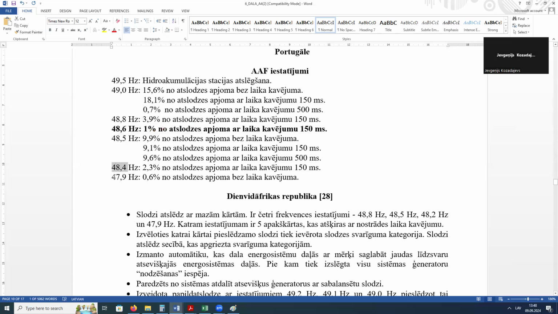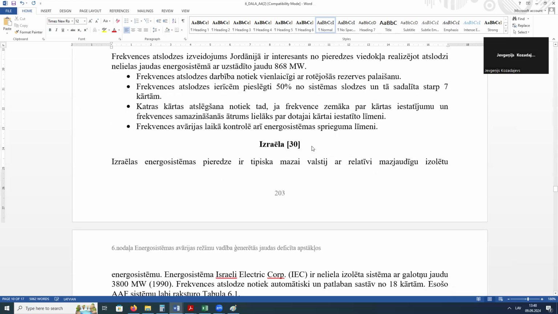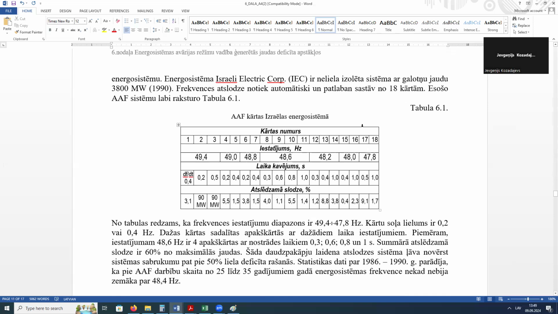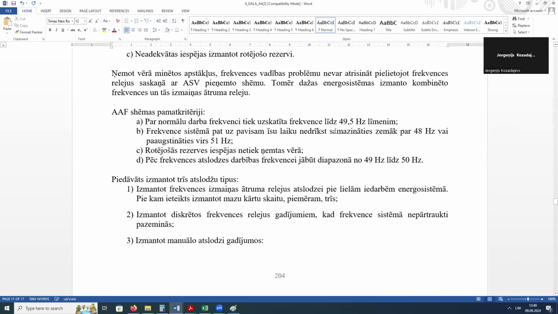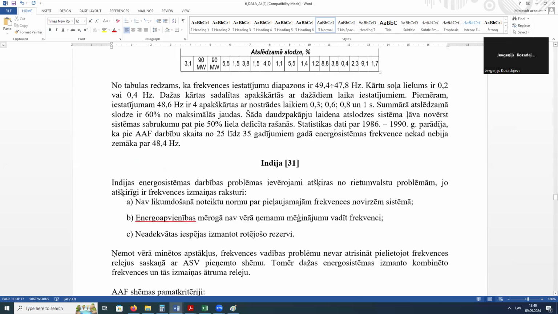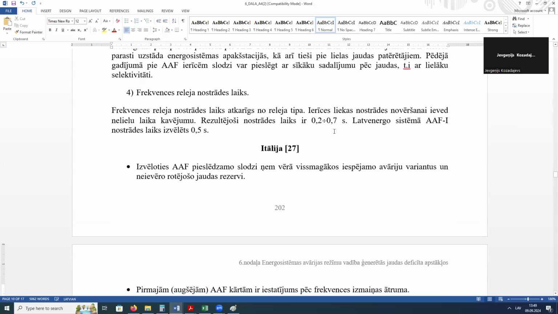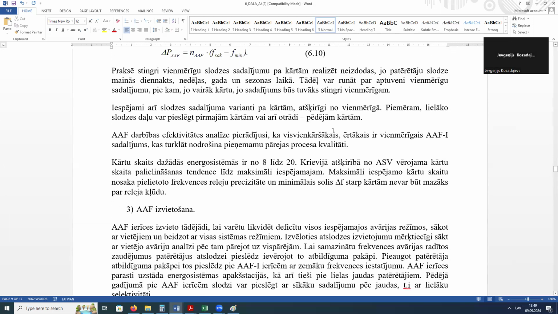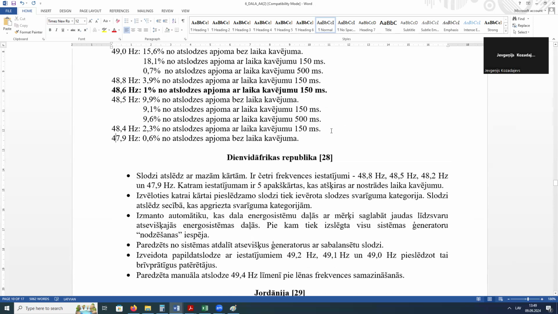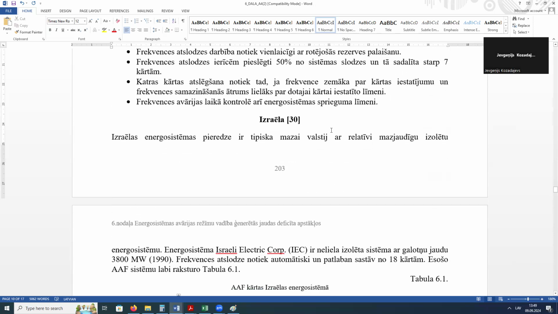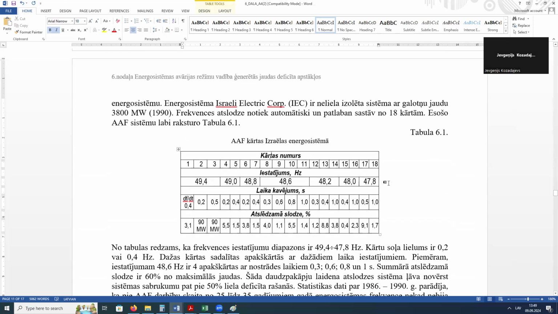Next step. Okay, this is, for example, for Portuguese. And this is for Israel. This is the stage number.